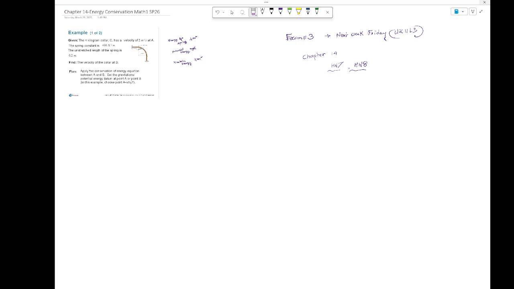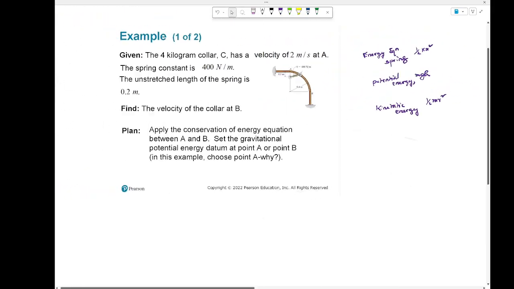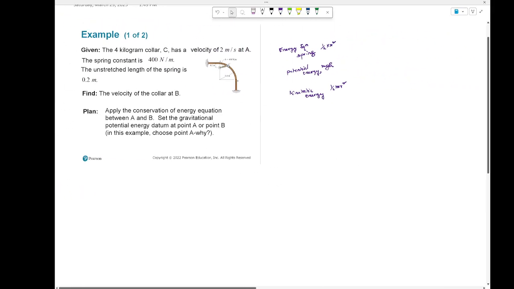So exam 3 review, Wednesday, week 11 lecture 2. All right, so the idea over here would be, we'll be doing this problem today, right?